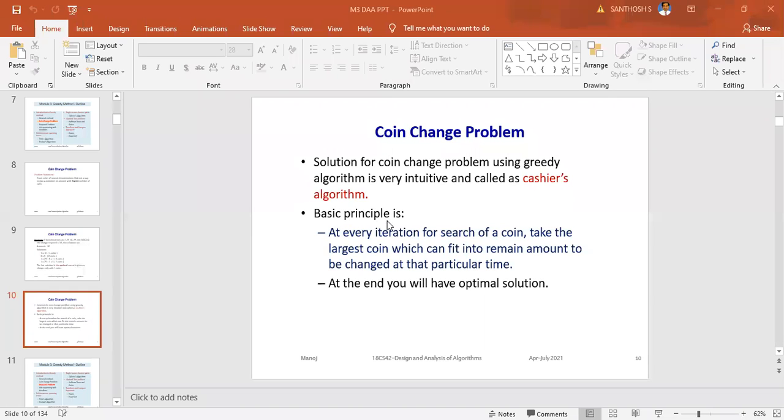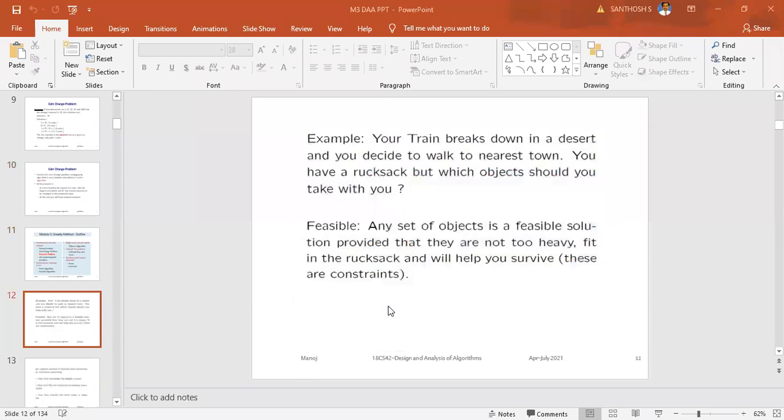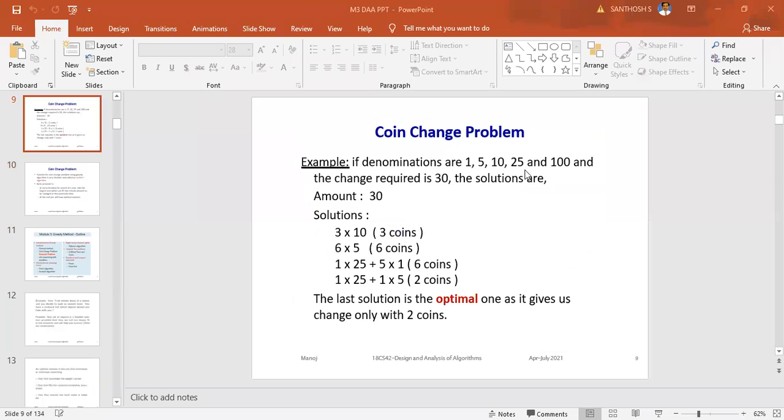So the basic principle you see: at every iteration, search for a coin and take the largest coin which can fit into the remaining amount to be changed at that particular time. So here, which is the largest coin you have?